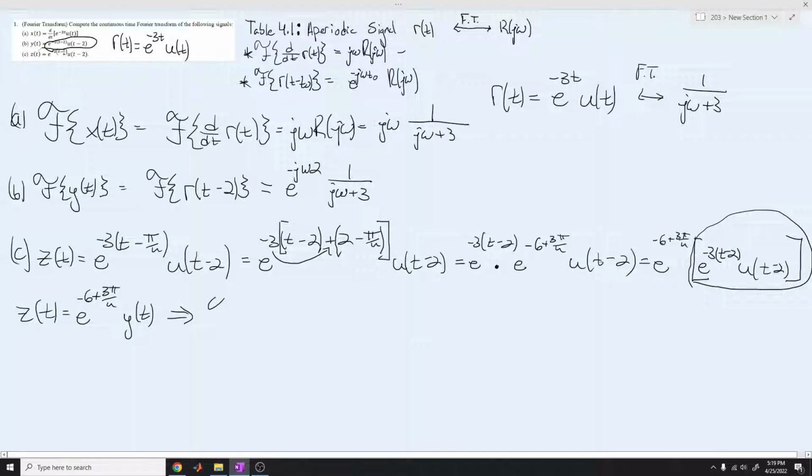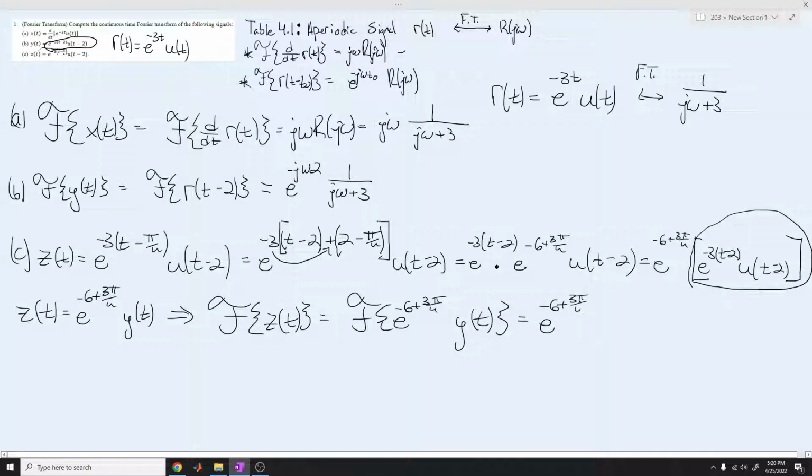So the Fourier transform of z of t is equal to the Fourier transform of e to the negative 6 plus 3 pi over 4 times y of t. The Fourier transform is a linear operation. Right here we have a coefficient, so we pull that out front: e to the negative 6 plus 3 pi over 4 times the Fourier transform of y of t, which we already figured out.